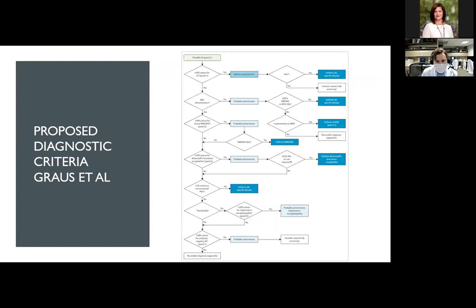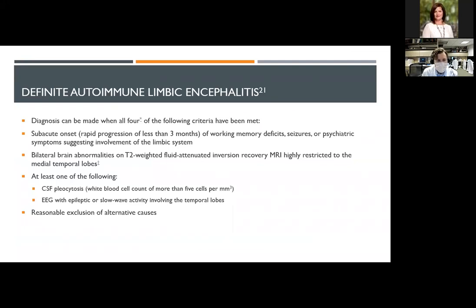So you don't have to read through this entire chart, but basically this is someone's proposed diagnostic criteria. This is the schema they went through, an example to go through step by step. I think it's probably simpler to think about it in terms of limbic encephalitis being the most common, and really the tests and criteria here cover other CNS disorders as well. So they proposed definite autoimmune limbic encephalitis when all four of the following criteria are met.